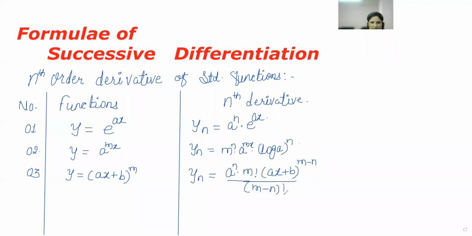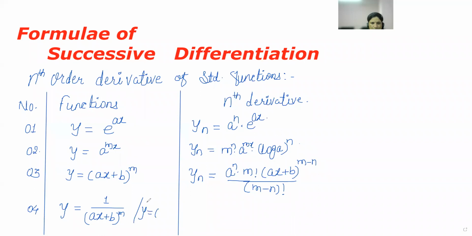I think I have not taken this formula, so I am giving the result directly here. If y equals (ax plus b) raised to m, then its nth order derivative is a raised to n into m factorial into (ax plus b) raised to m minus n, divided by (m minus n) factorial.